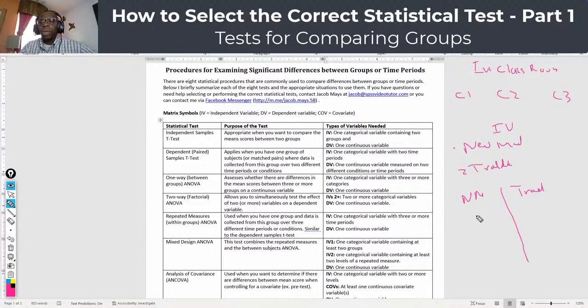So we've got classroom 1, and then we've got classroom 2, okay? And then we've got classroom 3 and classroom 4. All right? So 2 classrooms have new math and 2 classrooms have traditional math.